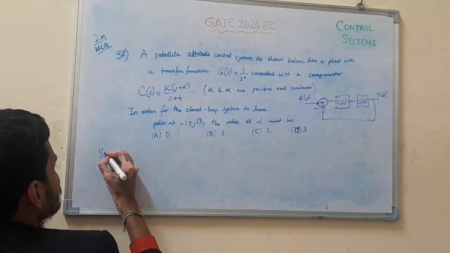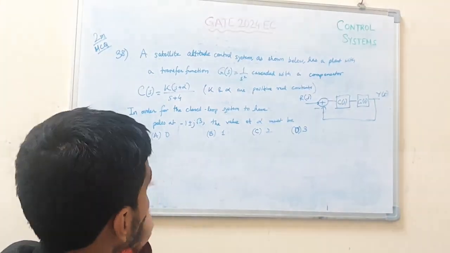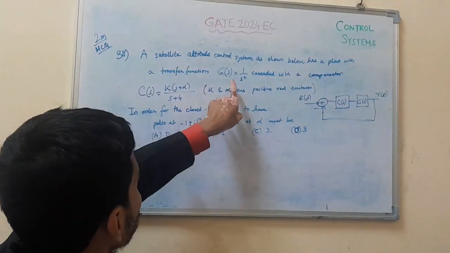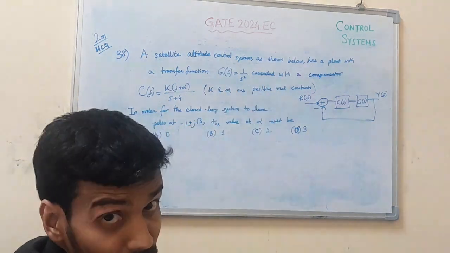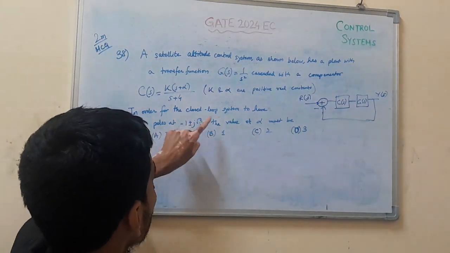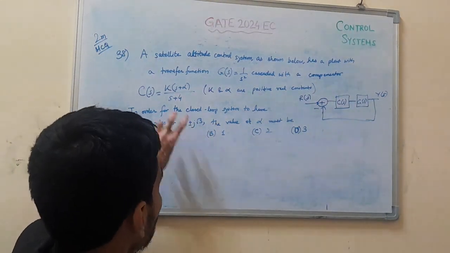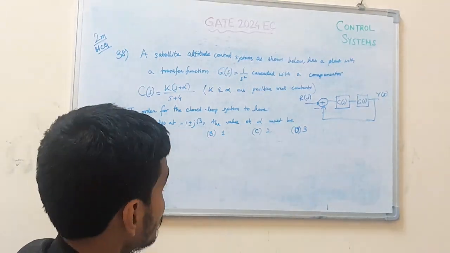Let's move on to the solution to this question. Very simple question, so let's talk root locus. The open loop or forward path transfer function and the compensator transfer function are given as G(s) and C(s) respectively. The closed loop system has poles at a certain point, which means the root locus should pass through that point.